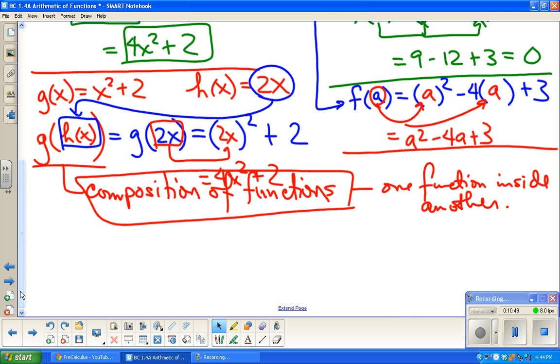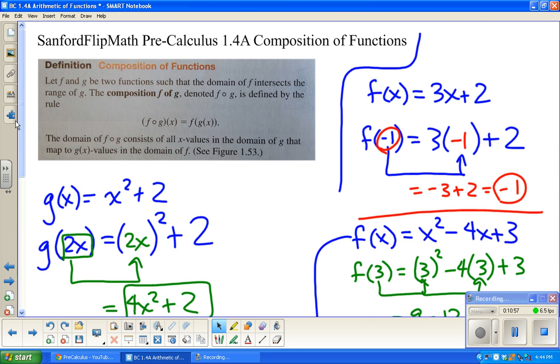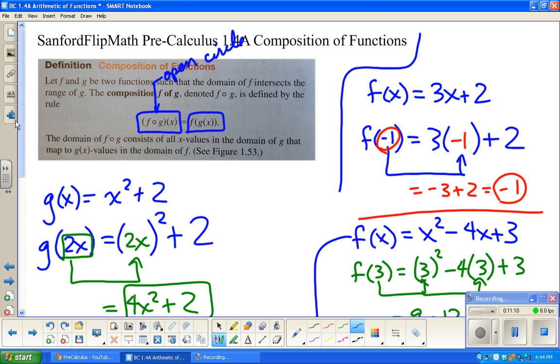The only catch in this, and again, none of this should be new, is that there are two different notations for this and actually variations on all of that. So this says put g inside of f. This says put g inside of f. Notice that that's an open circle. It kind of looks like the letter O or the number 0, but really it's more like a multiplication sign that's open. So I need to make a big stink out of this.